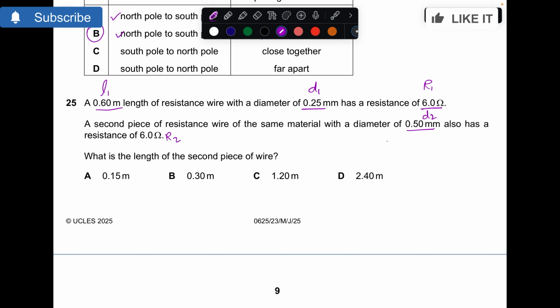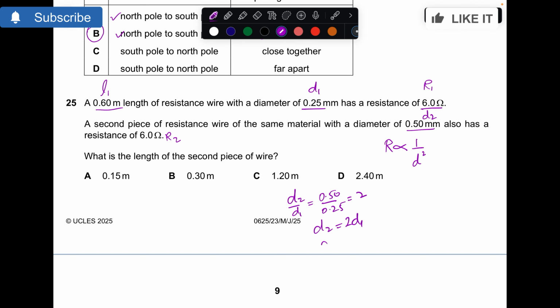As we know, resistance is inversely proportional to diameter squared. If you divide D2 by D1, that is 0.50 divided by 0.25, which gives you 2. It means D2 is 2 times D1.